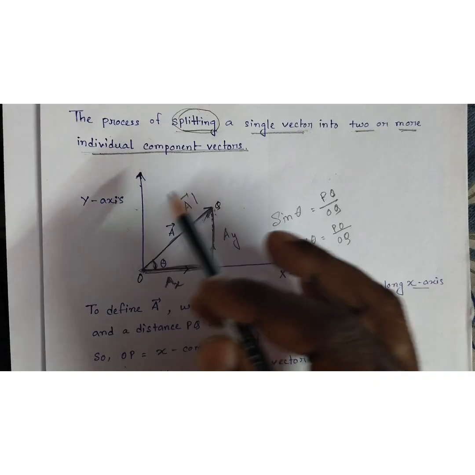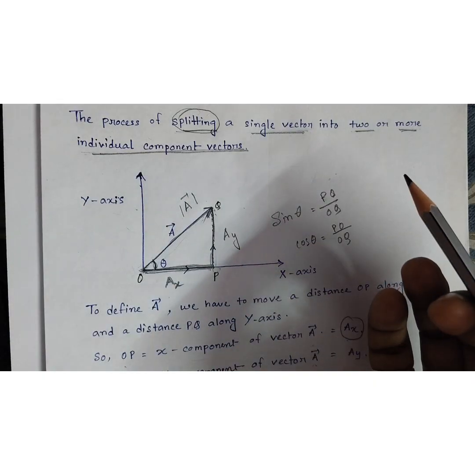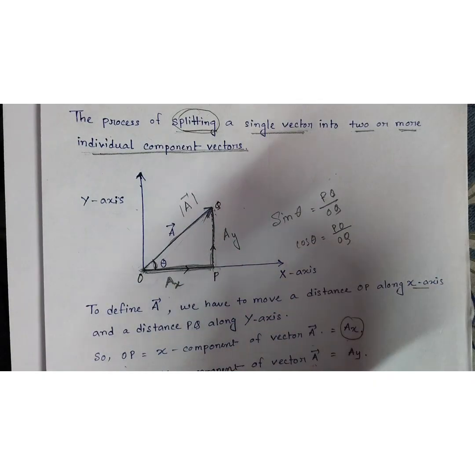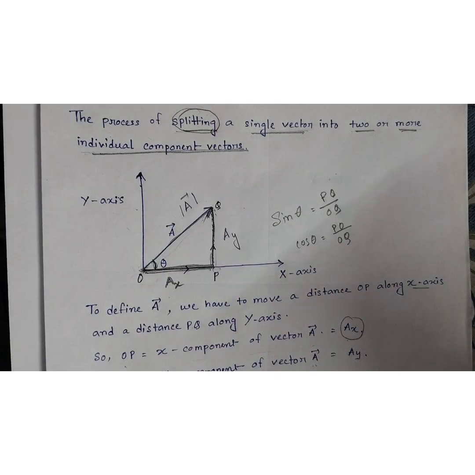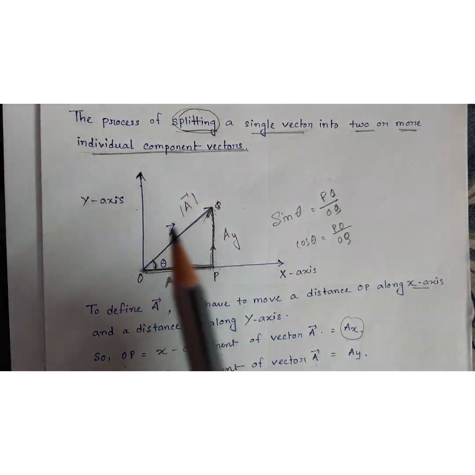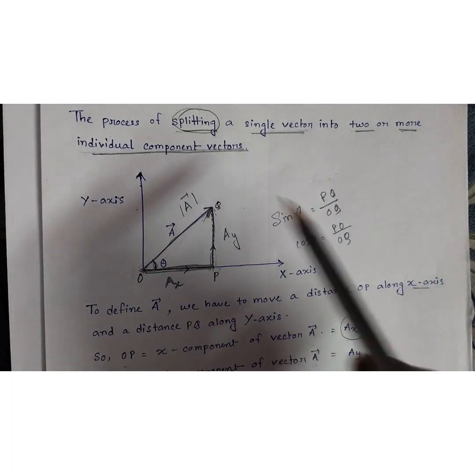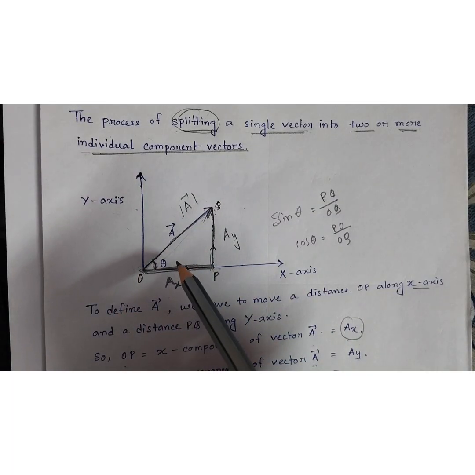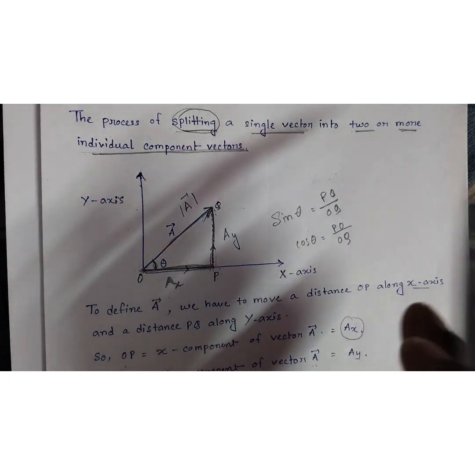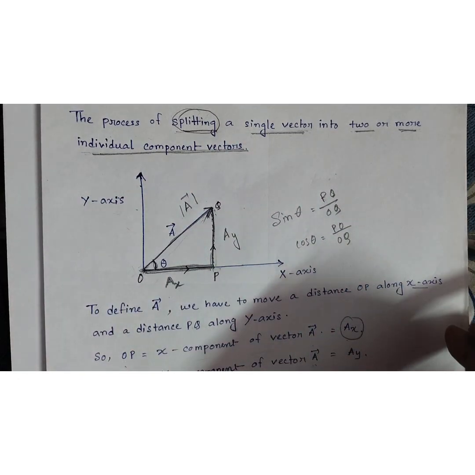This resolution of vector in three-dimensional space we will learn in graduation or higher studies. In our syllabus we have the resolution of vector in two-dimensional space. So this is all about the resolution of vector. Okay, thank you.